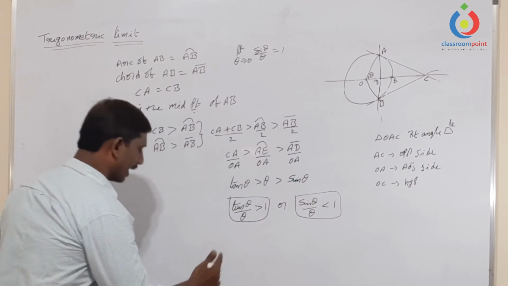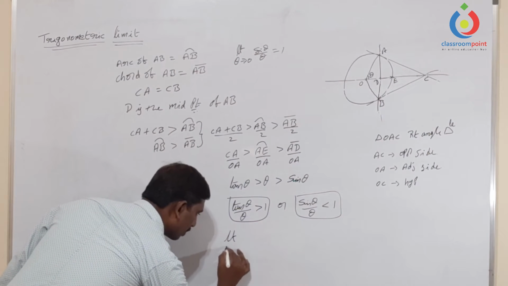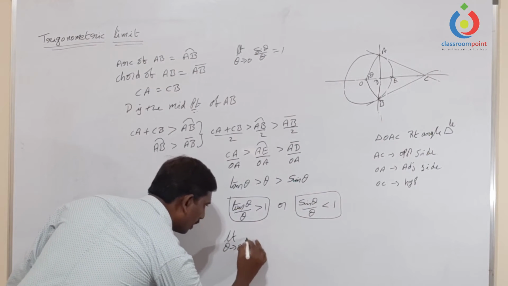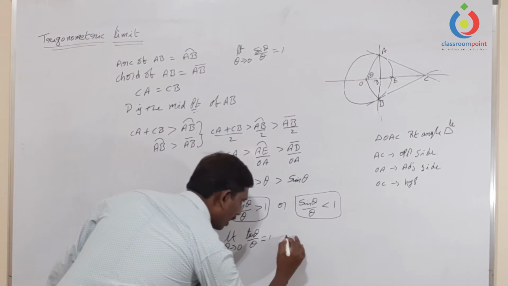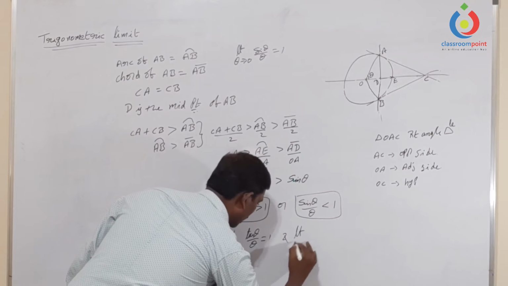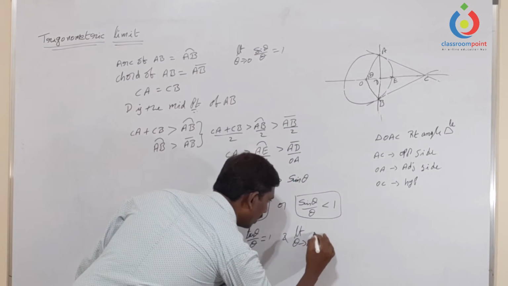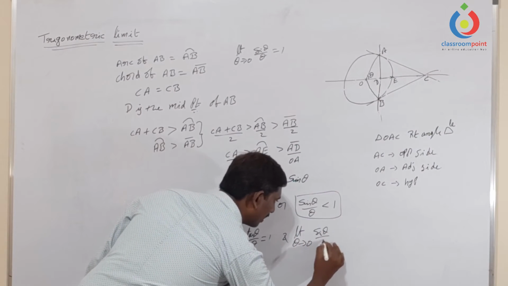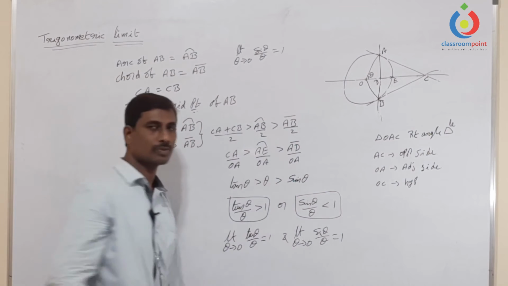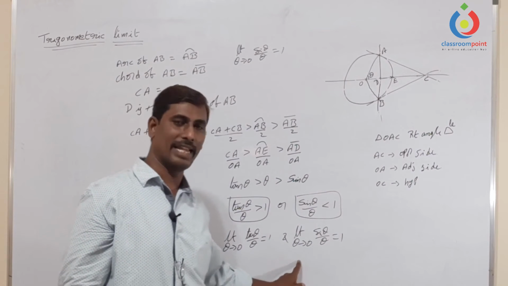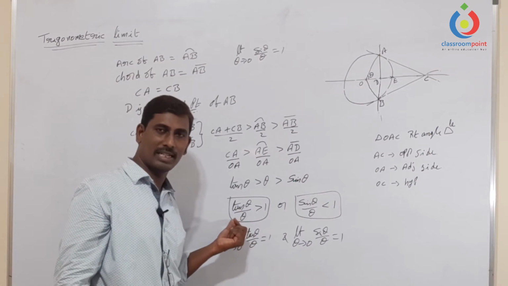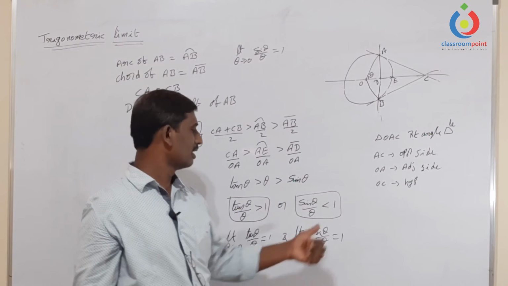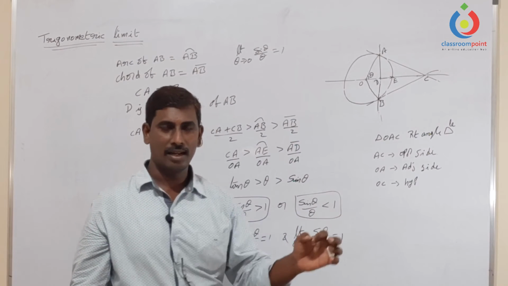Then automatically limit theta tends to 0, tan theta by theta is equal to 1, and limit theta tends to 0, sin theta by theta is equal to 1. Generally we say this, but the exact values are tan theta by theta greater than 1, sin theta by theta less than 1.